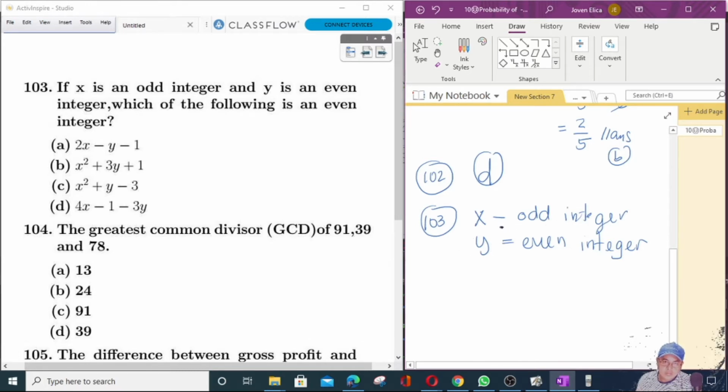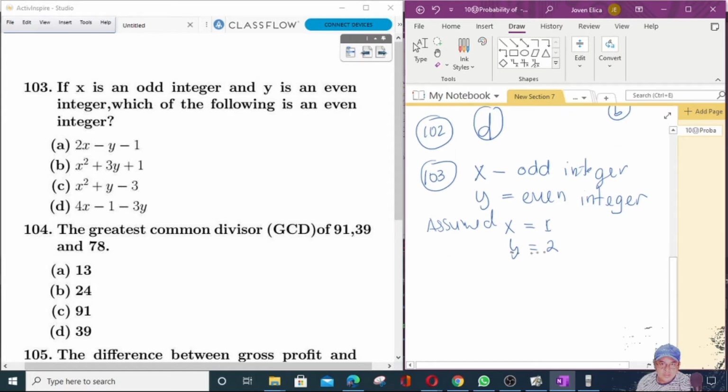We will assume a number for x and y. Let's say x is an odd integer, so we assume x equals 1, and let's say y equals 2. After the assumption, we can substitute it into the multiple choices. For letter A, 2 multiplied by x minus y minus 1 is 2 minus 2 minus 1, which is negative 1.